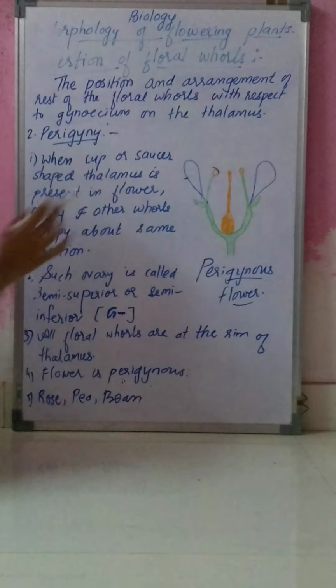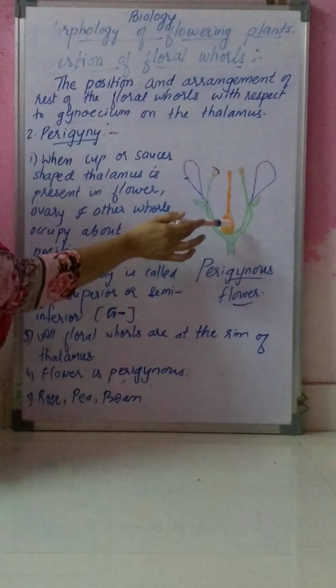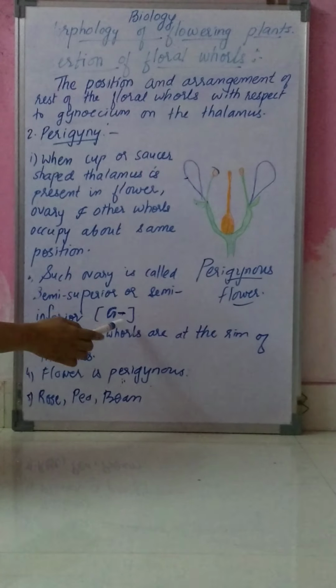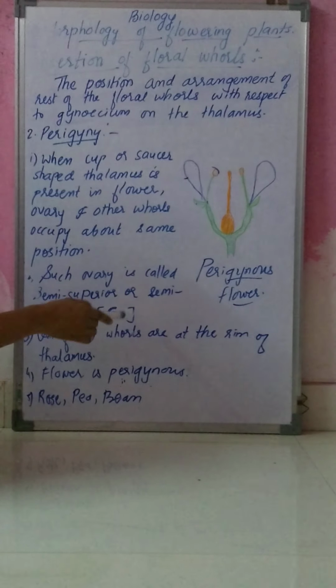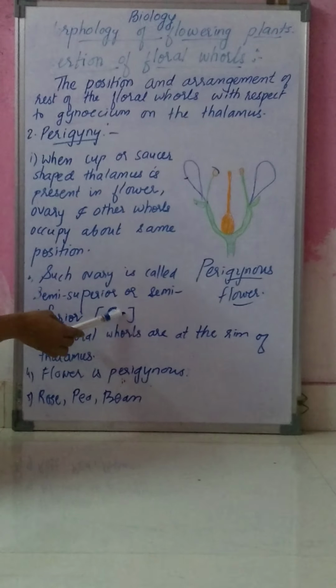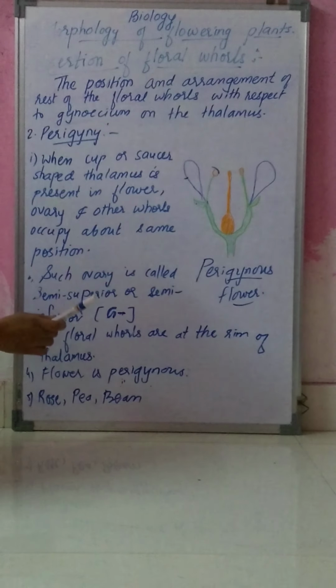Sometimes the ovary is superior and sometimes it is inferior. Hence the middle sign is used, semi-superior or semi-inferior, and the flower is known as a perigynous flower.